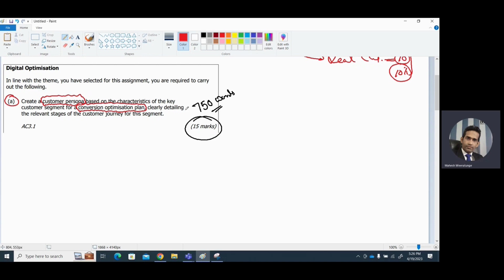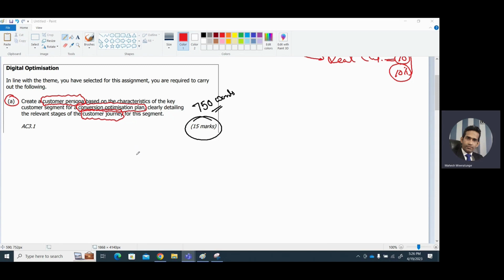Clearly detailing the relevant stages of the customer journey. Now see, the customer journey is another area you have to look at. Customer journey means from information search to the consumption, from the zero moment of truth to the first moment of truth and the second moment of truth.